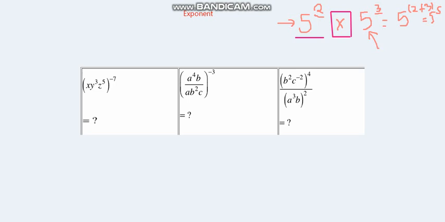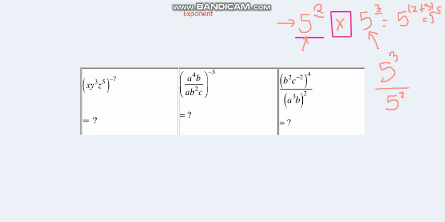And in a similar way, we have another rule. This again only works when you're dividing and you have the same bases. Let's say you have 5 to the third power divided by 5 to the second power.